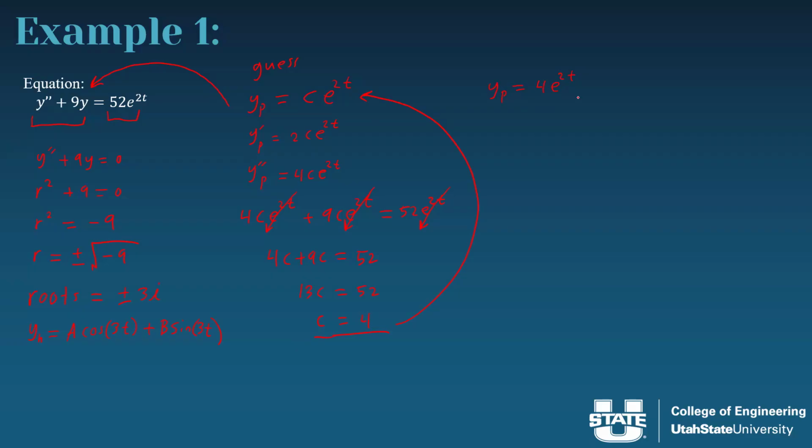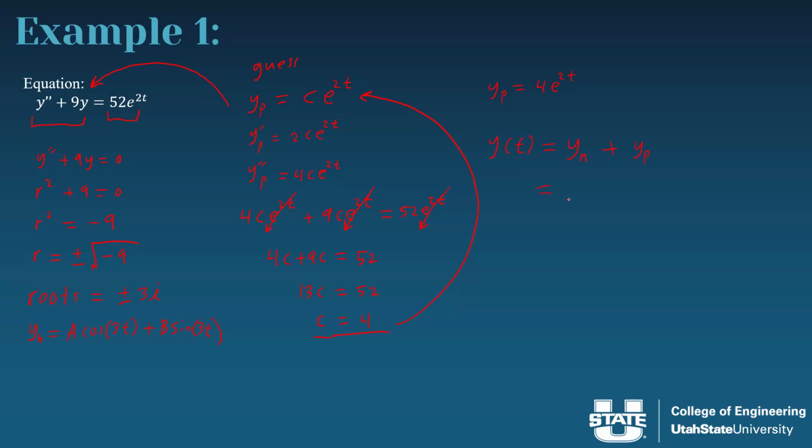Now we can finally form our general solution. As a reminder, the general solution is going to be y, the null or homogeneous, whichever you prefer to call it, plus the particular solution. So we know both of these.